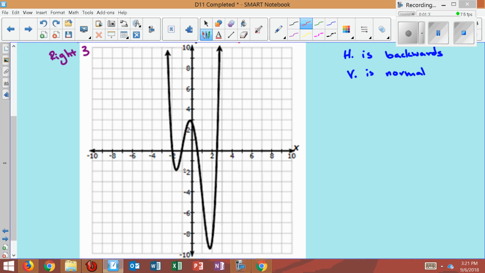So here I would go 1, 2, 3, then up 1, 2, and this point's going to be there. If I took this one, it would go 1, 2, 3, up 1 and 2, will be up here. So I move this point, I move this point. You can try this one.